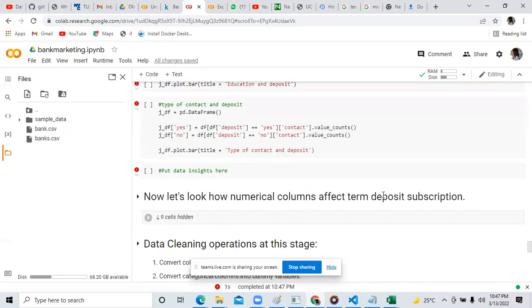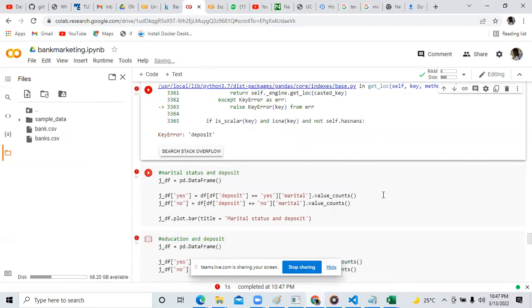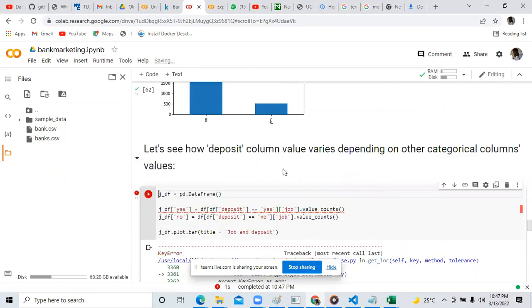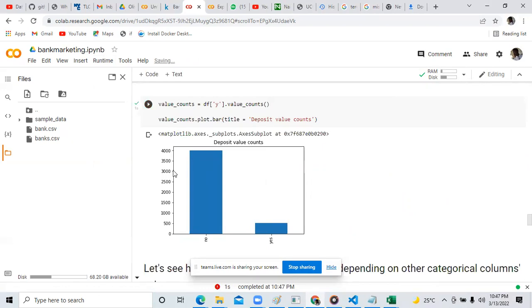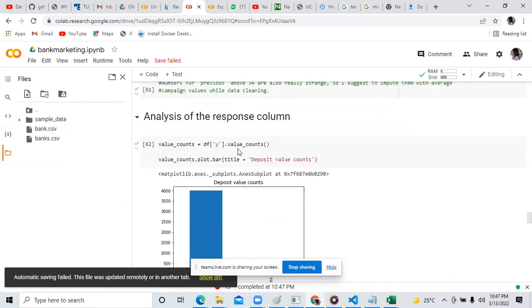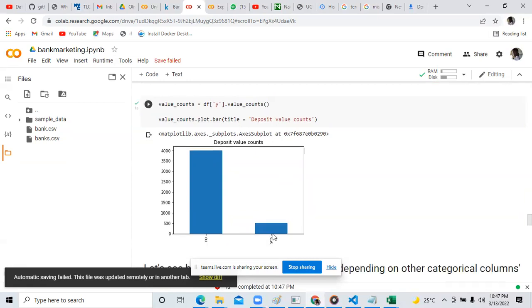So what we want to look at right now is this distribution. So we have more guys saying no to deposit than yes. And we want to find out who are these guys that are saying no, and now we can target the guys that are saying yes. So this is context.